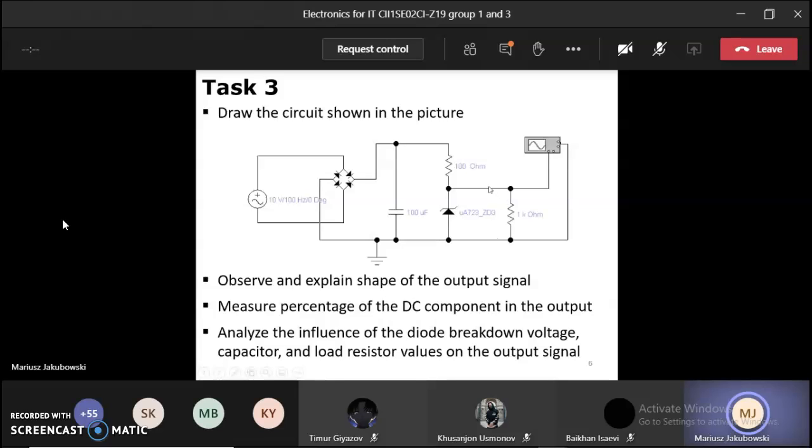The voltage across the resistor should be equal to the breakdown voltage of the diode. As you can see, there is a resistor added in series with the diode to limit the amount of current flow.